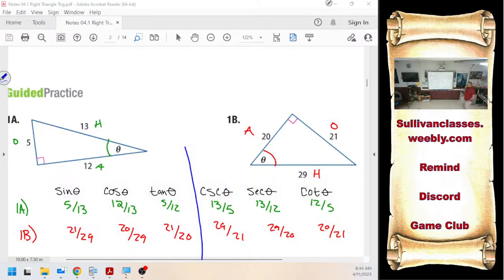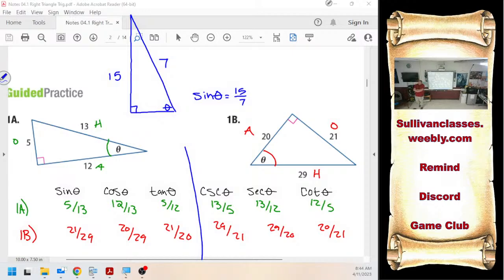Tangent is allowed to be either proper or improper. The reason for that is I want you to think about a triangle where, what if I said the sine of theta was 15 over 7. Sine is who over what? Opposite and hypotenuse. So this would be 15 and this would be 7.